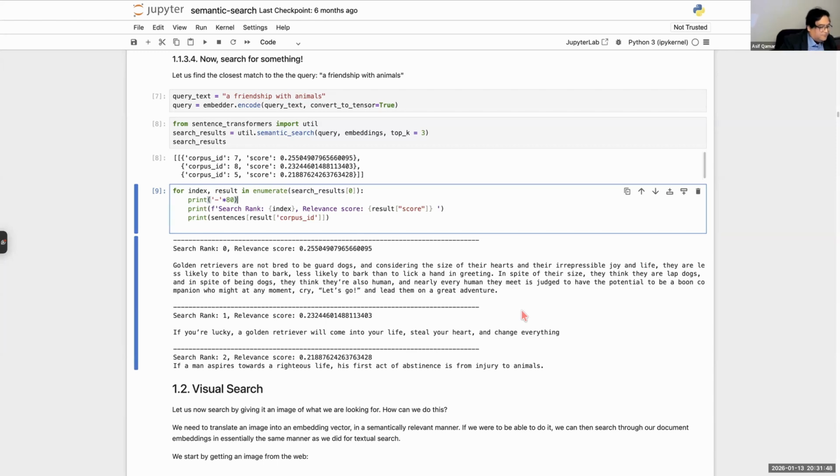So, when you read the first search result, would you agree that the entire text expresses an emotion that the writer felt? And that emotion, the whole text reflects a friendship towards animals. It couldn't possibly be written by a person who doesn't love animals. Would you agree?